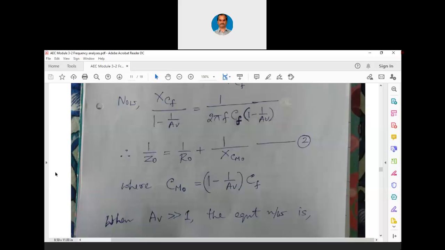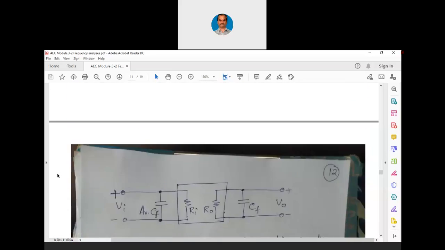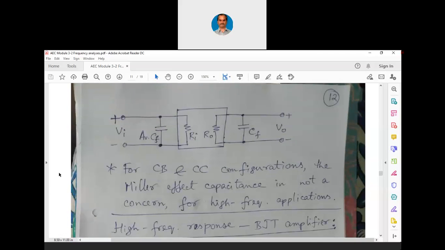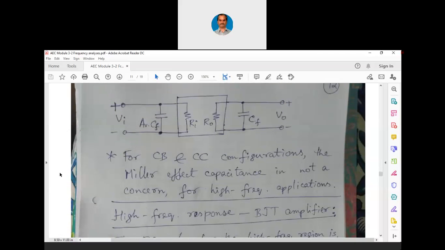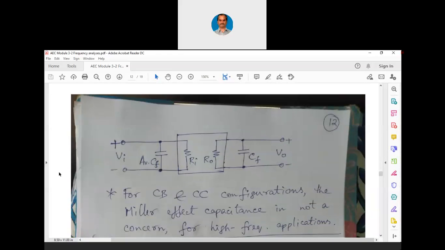So we can write the equivalent network now for these expressions. See now, this is the equivalent network. You can see here, we have written the amplifier and we have written Ri, input resistance of the amplifier. Now we have written AV into CF at the input side.